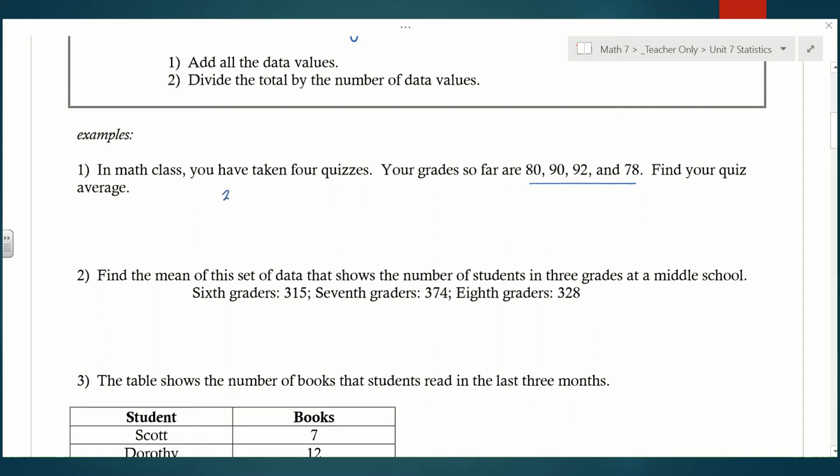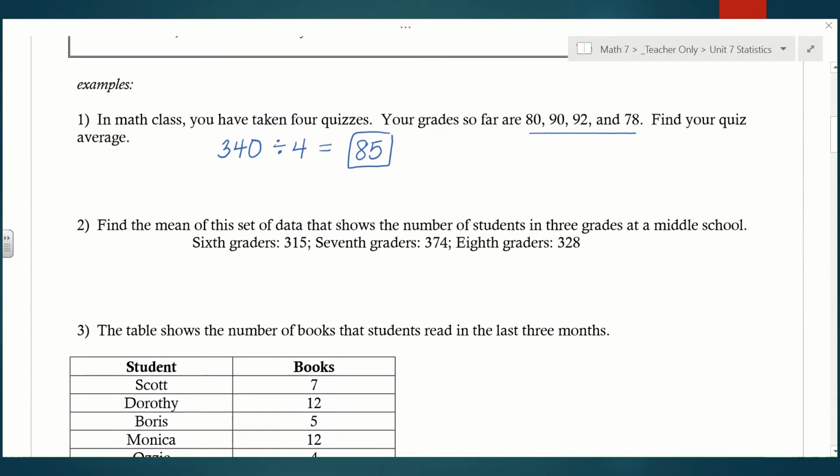And when you do that, you should be getting a total of 340. Okay, so that's step 1 to figuring out your average. Step 2 is to take that total and divide by the number of numbers you added. So in this case, I was adding 4 scores, so I'm going to divide by 4, and I'm going to get that the quiz average is an 85.